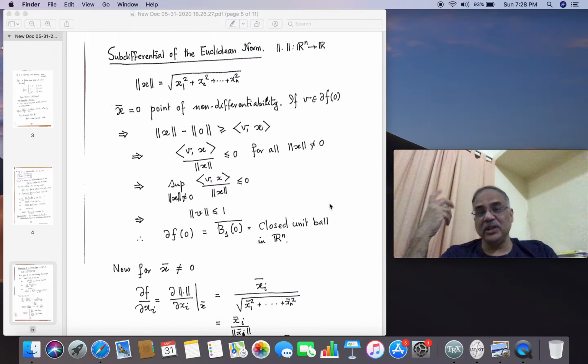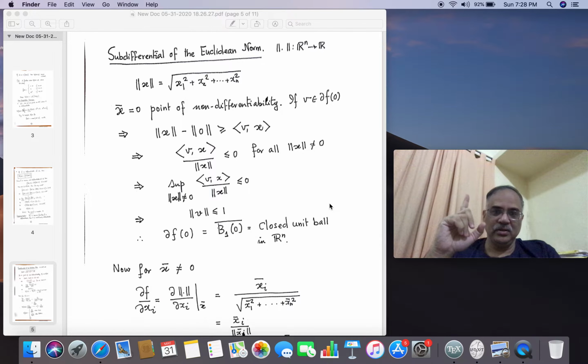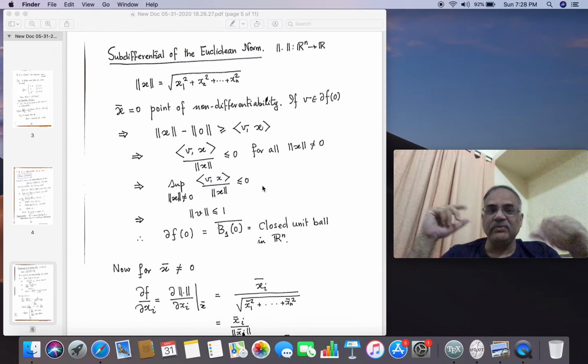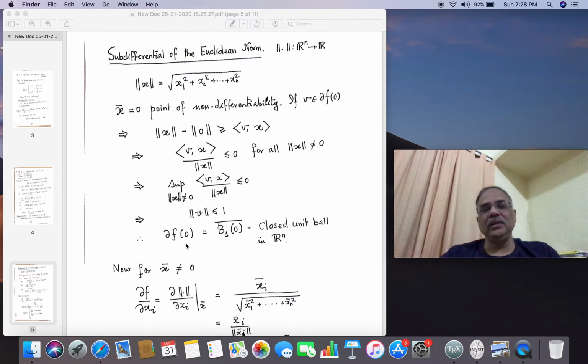Those who know some functional analysis, or those who know the meaning of a norm of a matrix, for example the spectral norm or L2 norm of a matrix, can think of the vector v as a kind of matrix, just in your mind. If you know that, you will realize that this is nothing but norm v less than or equal to 1. So basically the subdifferential is the closed unit ball.